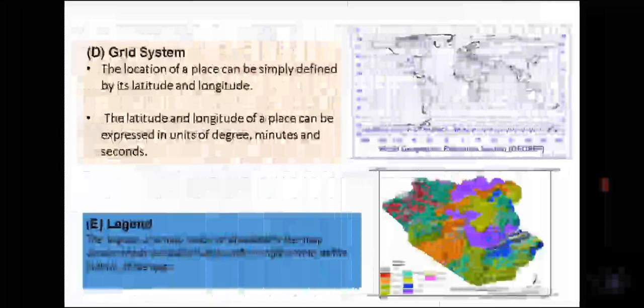The latitude and longitude are also called the imaginary lines on the globe, to know the exact location of places. Legend, that is legend box. The legend of a map helps to understand the map details, and is placed at the left or right corner at the bottom of the map.